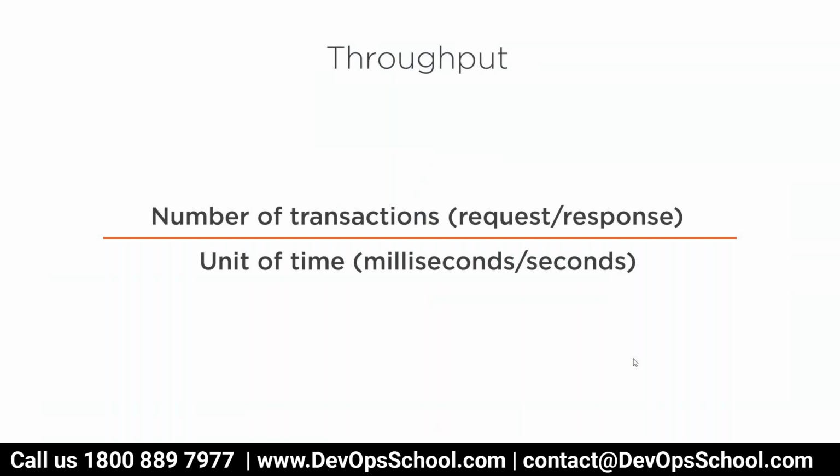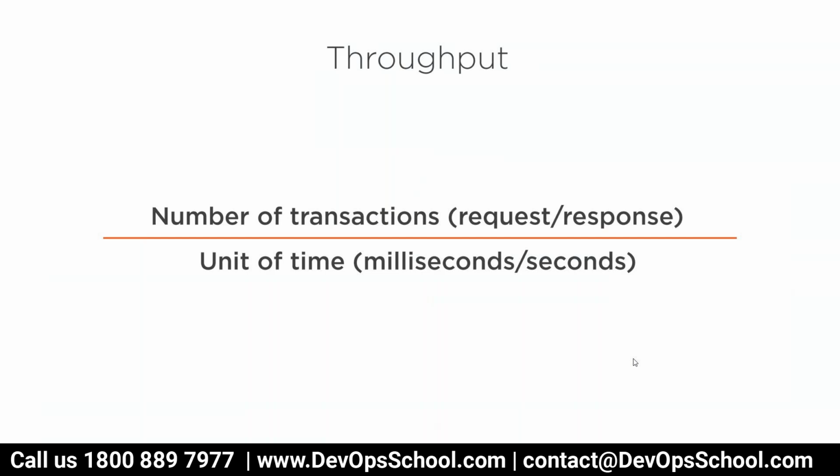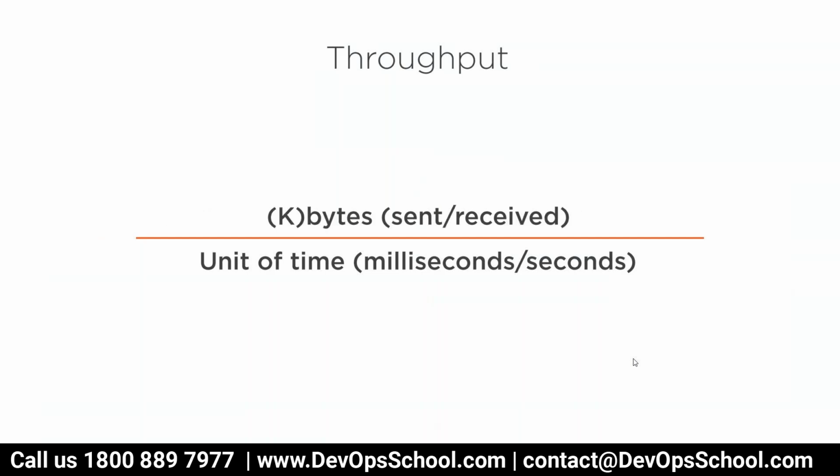Throughput is the number of transaction requests versus responses over a total unit of time, which can be seconds, milliseconds, or whatever it is. So that's in terms of response time. In terms of byte exchange, it is the size of bytes sent and received over a unit of time, and so on.